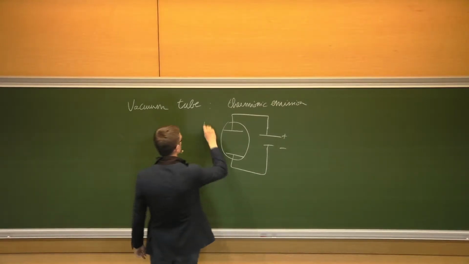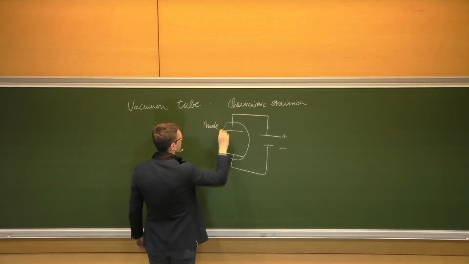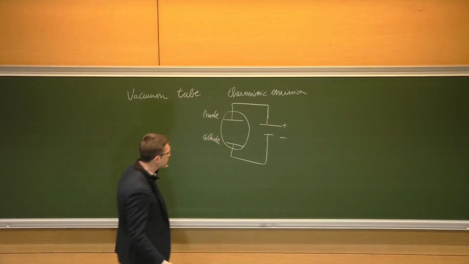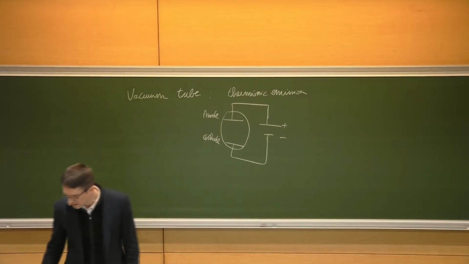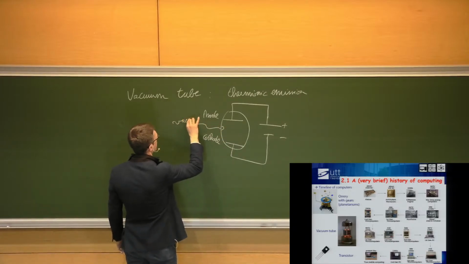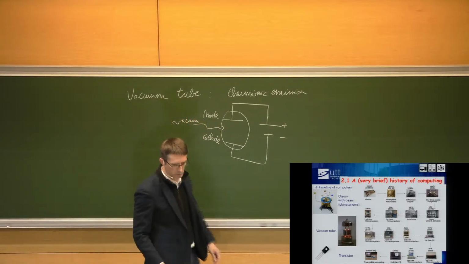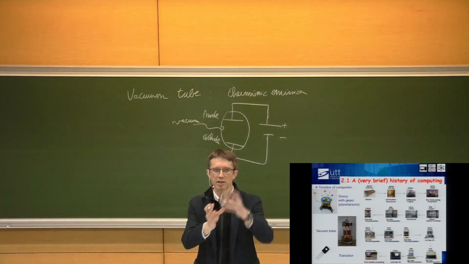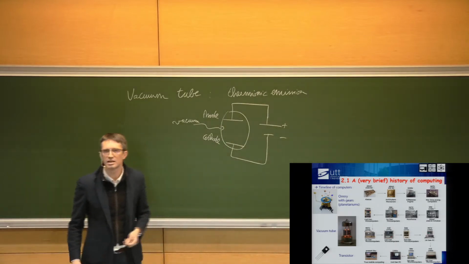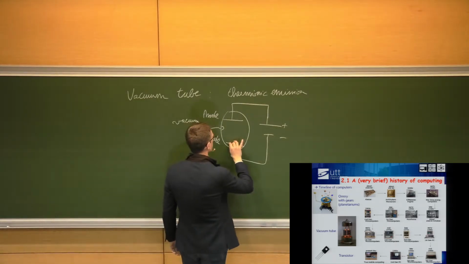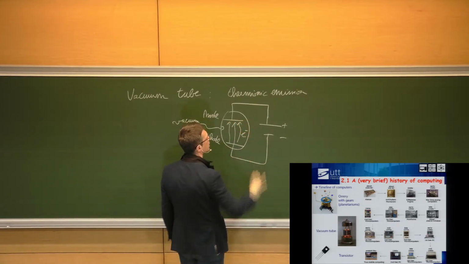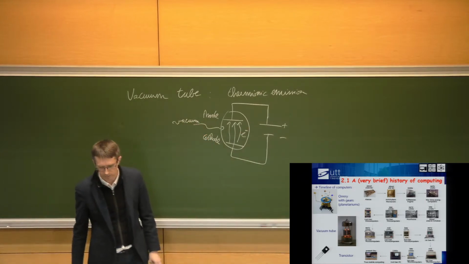This would be the anode, and this would be the cathode. And all of this was in a vacuum. The idea was basically to heat up the cathode, inside the main tube here, so that you could eject electrons, and electrons would then fly away, hence the name thermionic emission, up to the anode.